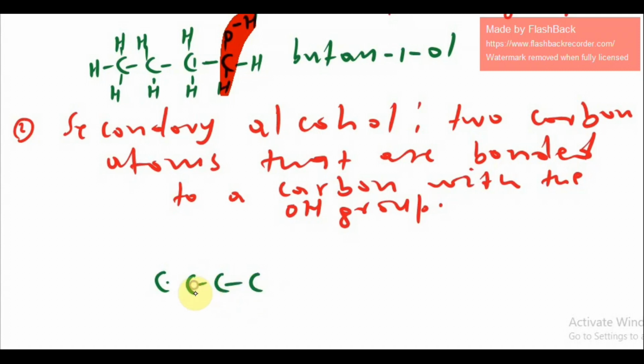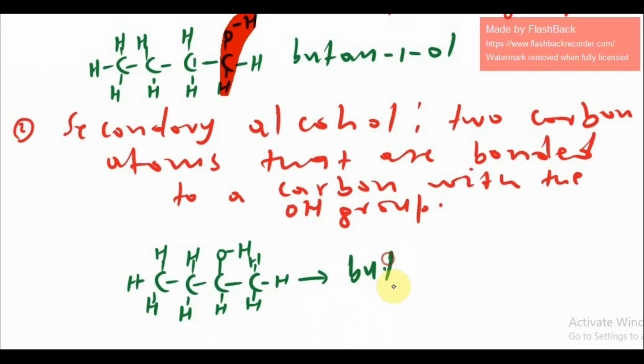Okay, now if you look at this one, I have the OH group here. The name of this one is butan-2-ol. Now look at the carbon with the OH group.